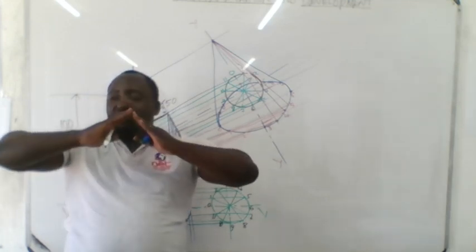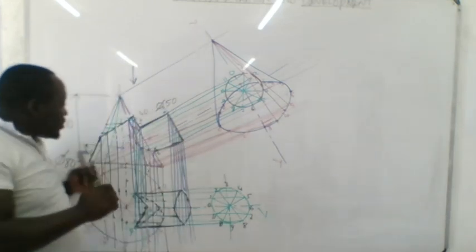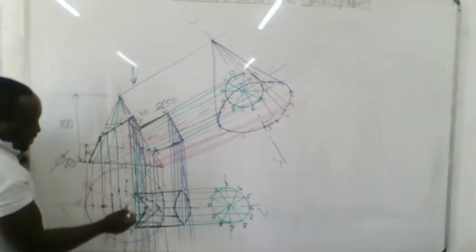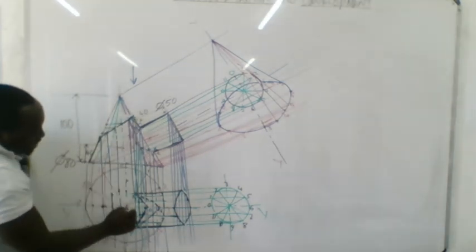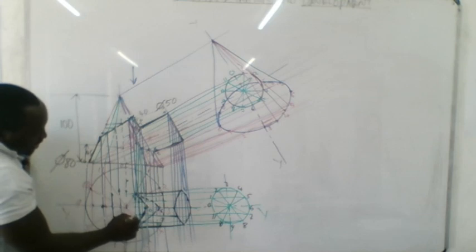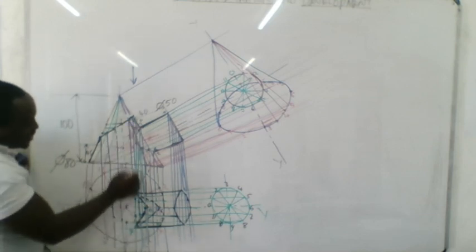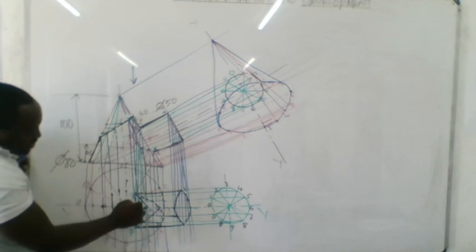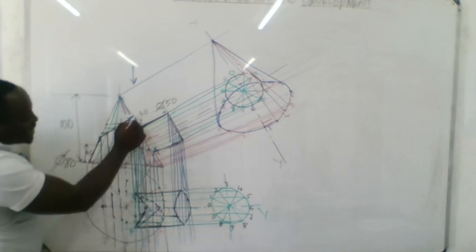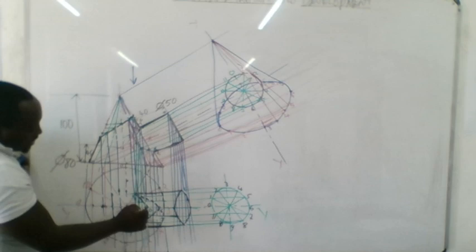So we use the true edge. So you measure from there to there, you follow this line, mark there, and mark below. Then you measure that one also, you follow, you mark there, and this is on the point. It's right on the point.